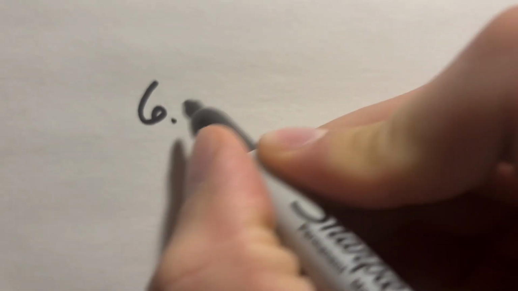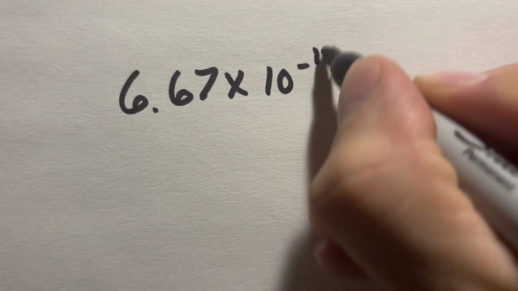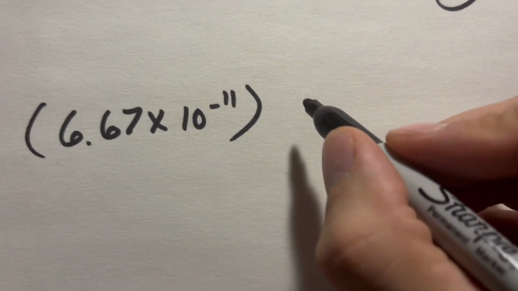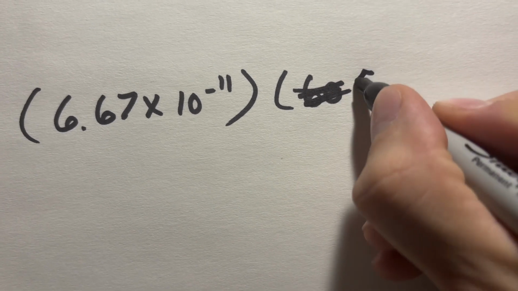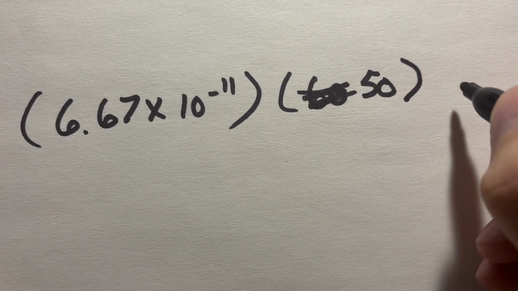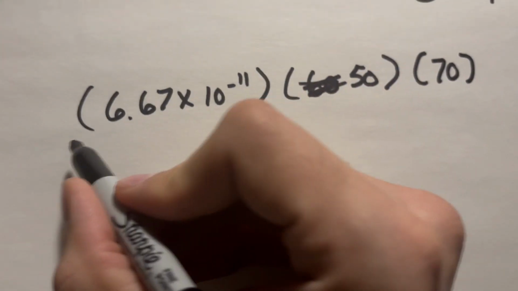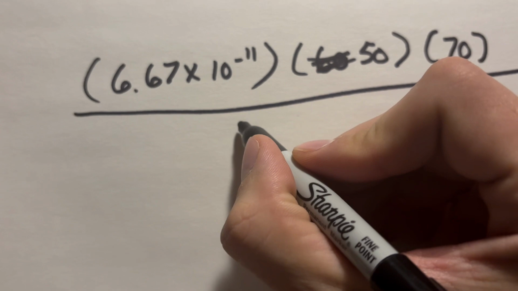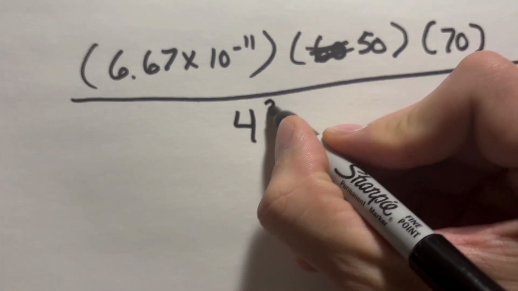So you'd have the gravitational constant, 6.67, times 10 to the negative 11th power, times 50, times 70. That's one big equation. And then divided by 4 meters squared.